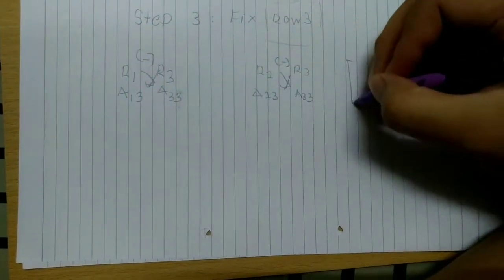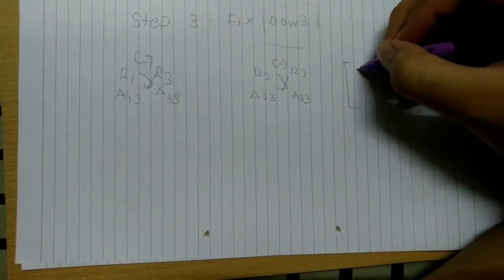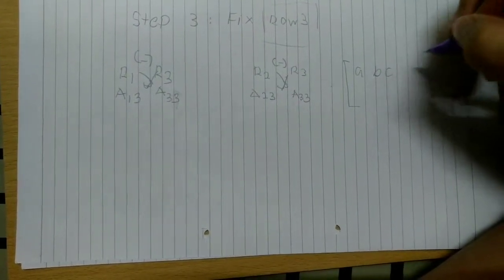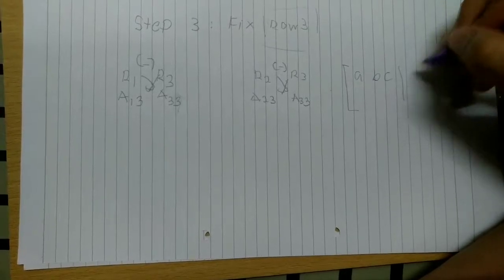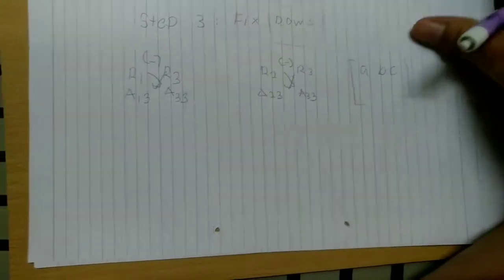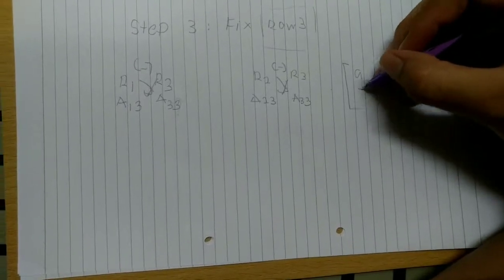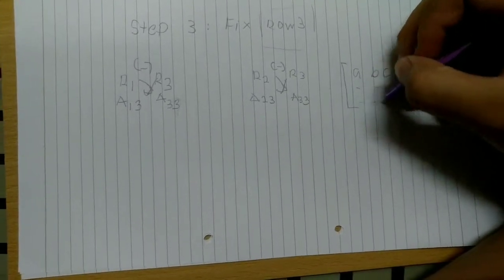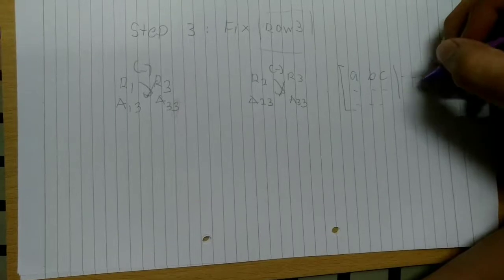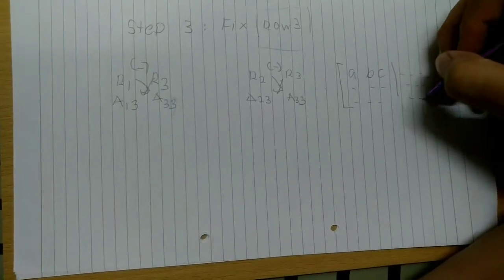So let's just put a matrix. This matrix is just for reference, it's not a real matrix. That's why it doesn't change from the step before. So this is just for reference. So just put dot dot dot dot. You're just going to put dot.